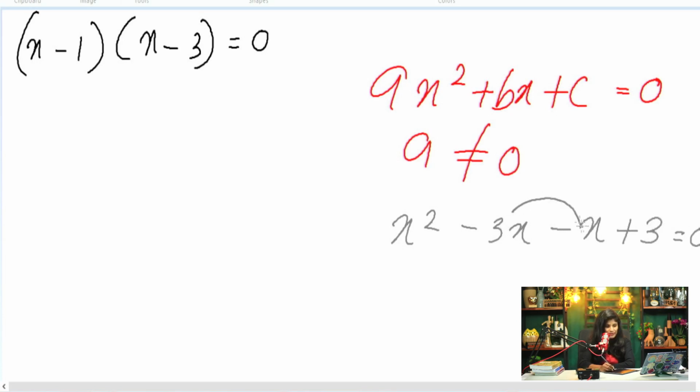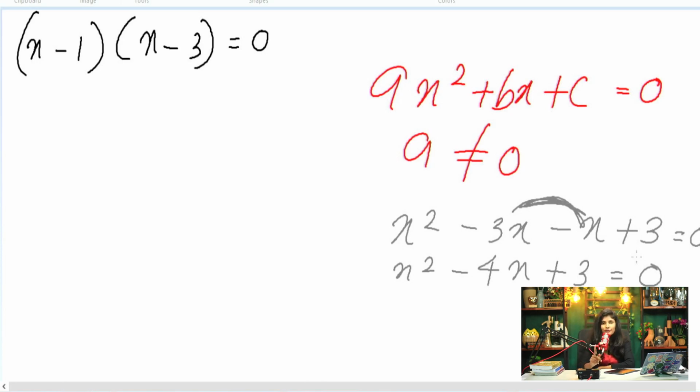Now I can simplify these two like terms, that means x squared minus 4x plus 3 equals 0. Now, if they have given this kind of quadratic equation, first of all, what we have to do is find the two factors. We are going to find the factors and the solutions in our next video.